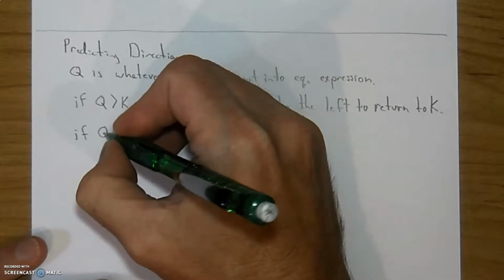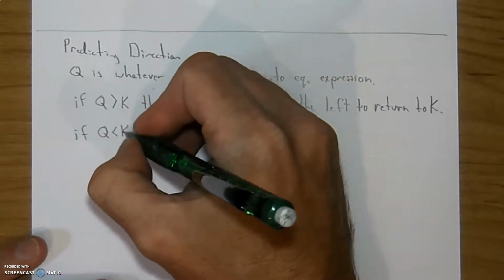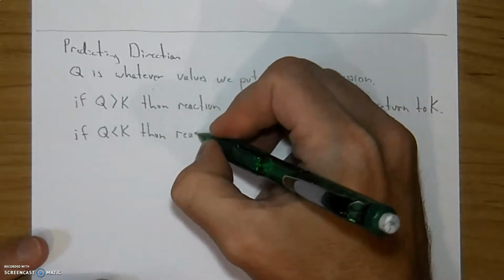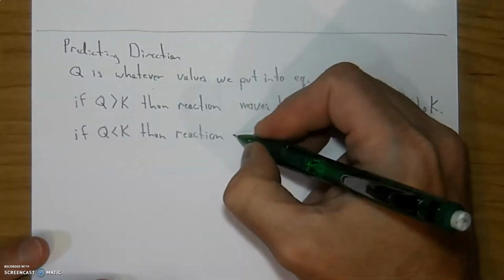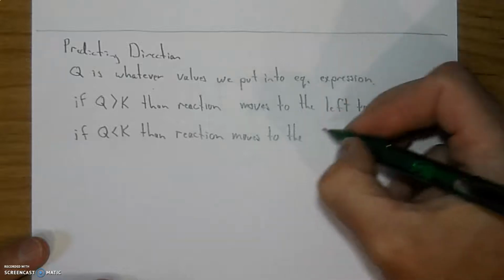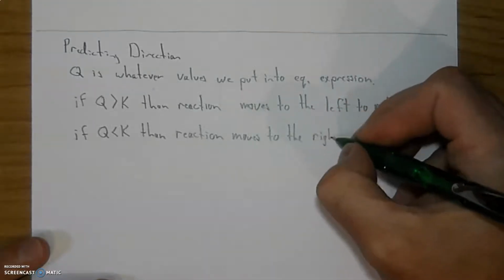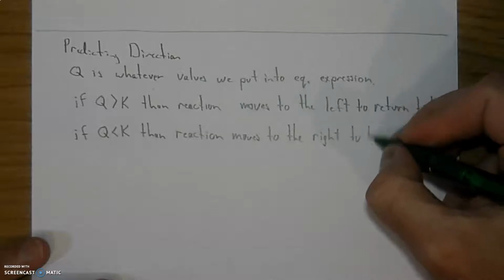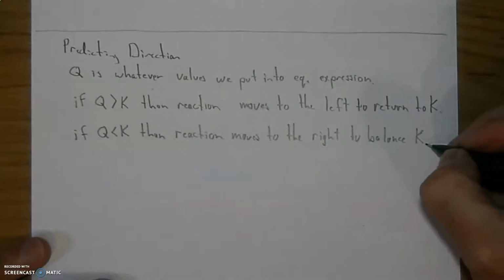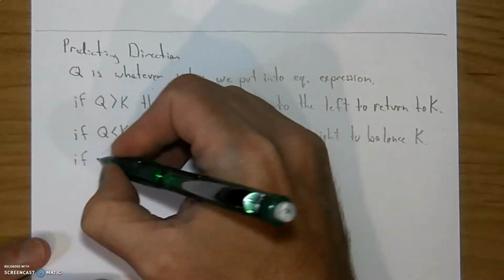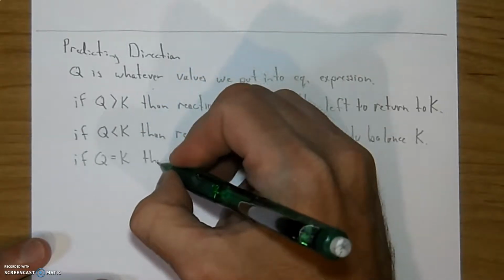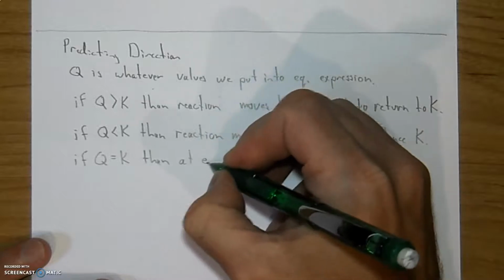If Q is less than K, then the reaction moves to the right to balance K. And then, of course, if Q is equal to K, then you are at equilibrium.